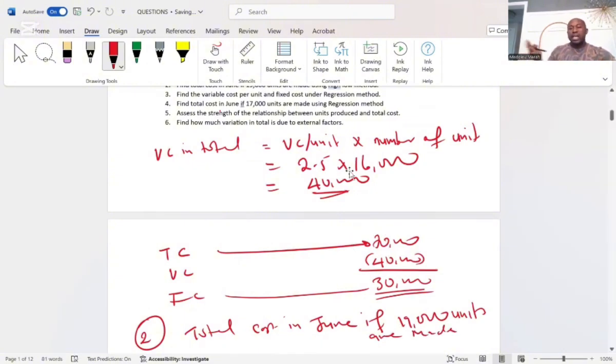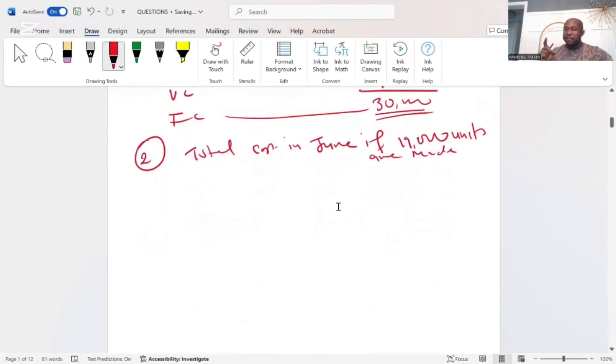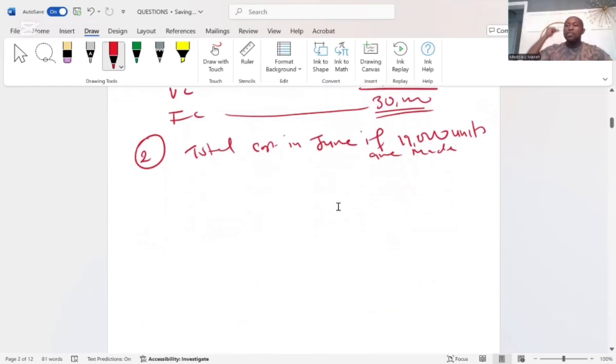Now, this brings us to the definition of fixed cost and variable cost. Irrespective of the number of units made, fixed cost in total remains constant. It doesn't matter how many units are made. So automatically, our fixed cost, which we already have as 30,000, remains constant.